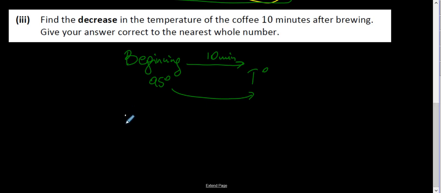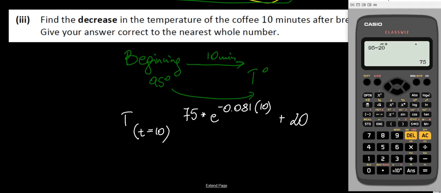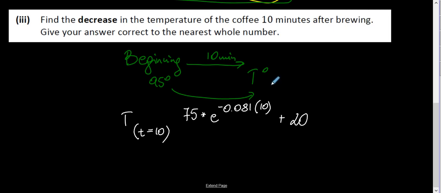So the temperature of the coffee when t equals 10 will be 75 multiplied by e to the power of minus 0.081 multiplied by 10, plus 20, and all we do is put that in the calculator. 75 multiply alpha e power minus 0.081 multiplied by 10, come down, plus 20. So 53.36.